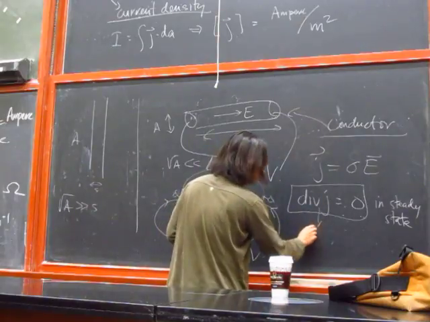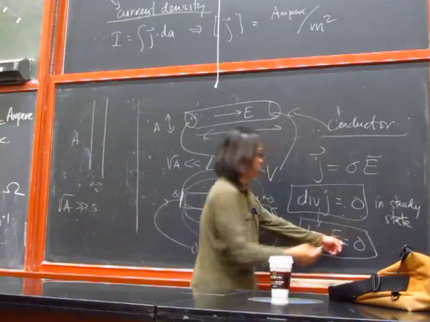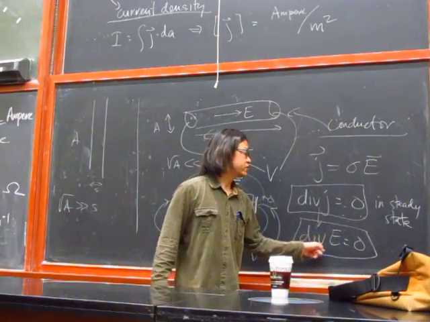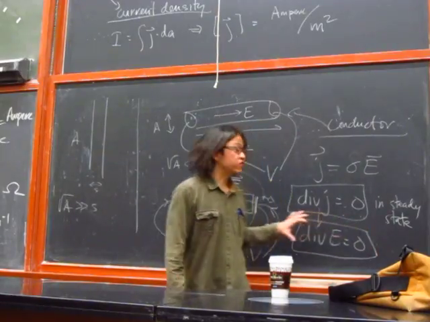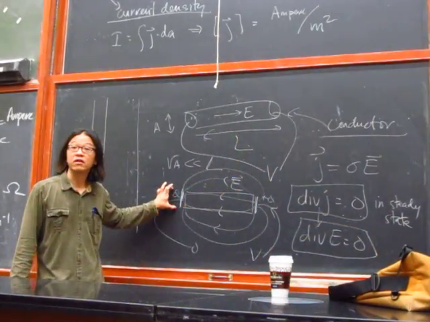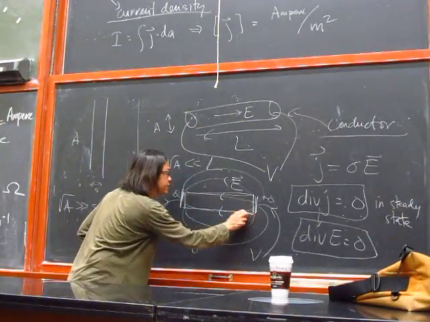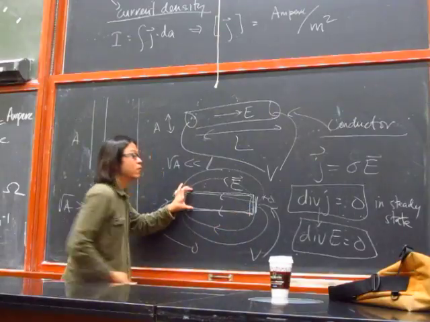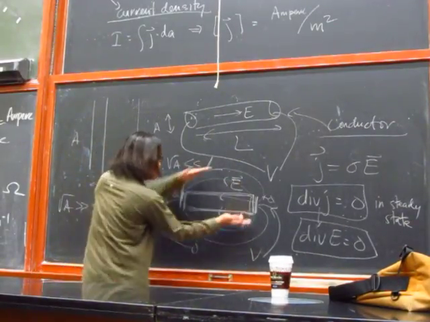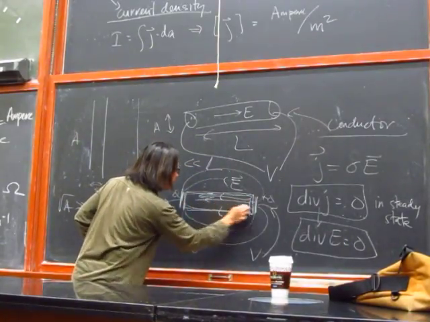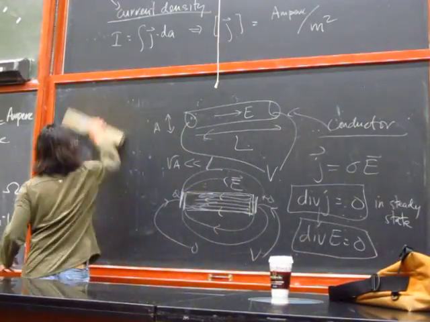It follows that the divergence of E is also 0, because from electrostatics, divergence of E is equal to rho over epsilon naught, but there is no rho here, the whole thing is neutral. So the conducting material modifies E. It brings all the E inside.